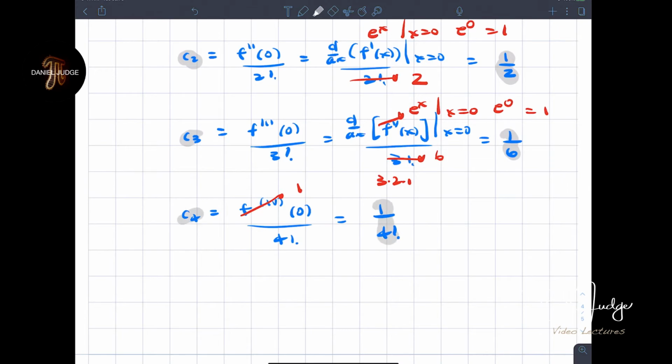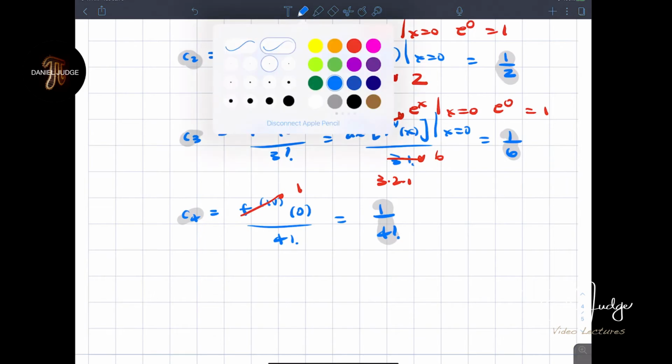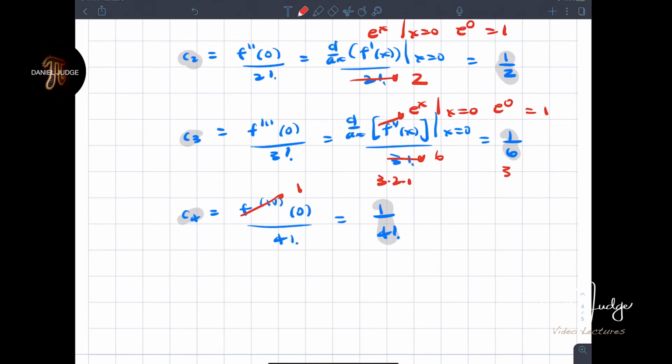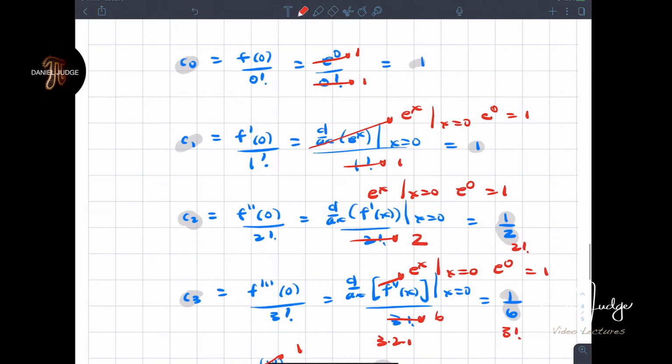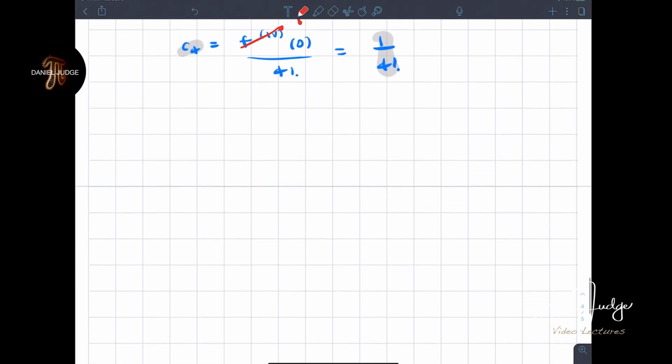And we can go back and say, hey, remember that this is actually 3 factorial, 2 factorial, 1 factorial, 0 factorial.